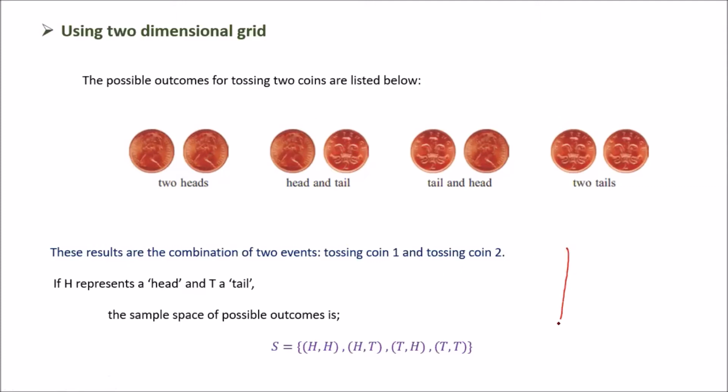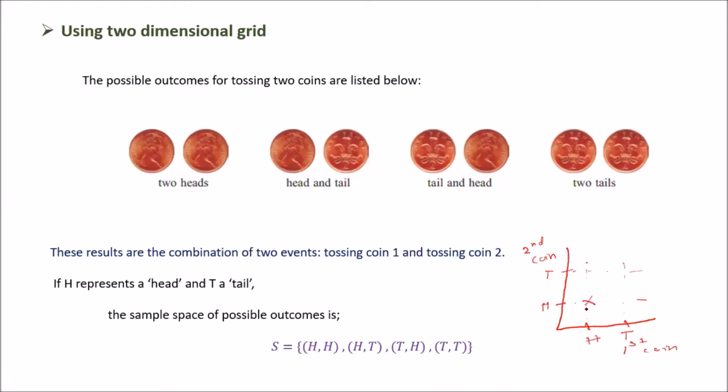In a grid, this axis is the first coin. The first coin's outcomes are head or tail. On this axis we represent the second coin. The second coin's outcomes are also head or tail. Same as the Cartesian plane, we can mark the events here.